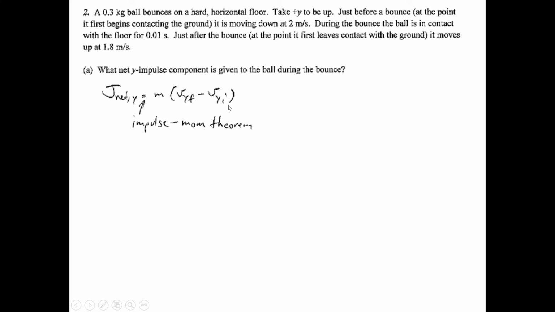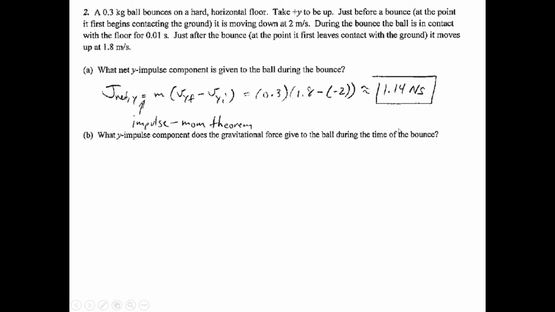The final y velocity is plus 1.8, and the initial y velocity, since plus y is up, is minus 2. We've got to keep track of those minus signs. These actually add together to give a plus 3.8. 1.14 Newton seconds is the net y impulse delivered.